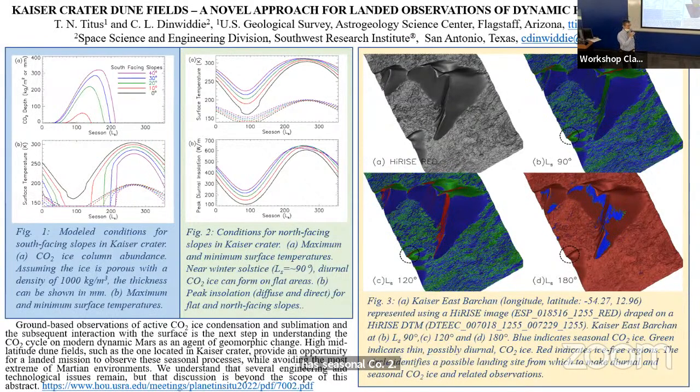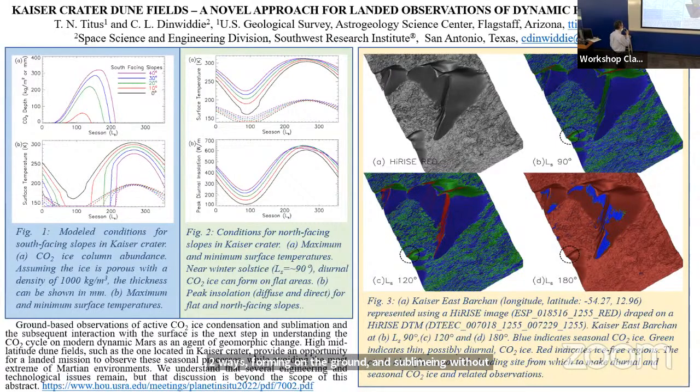Things will probably break. It's dark. So the question then becomes, is there a place a little bit more hospitable, even just a little bit, where you can look at CO2 ice forming on the ground and subliming without being in the middle of it?